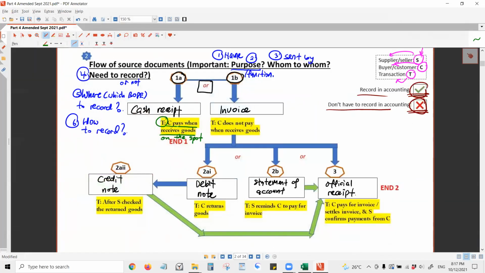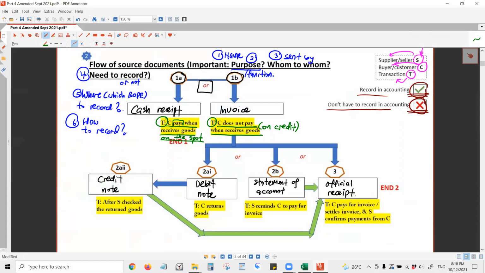So if you get the money on the spot, if customer pays immediately, or we call it on the spot, then you will have a document known as cash receipt. Simple. Okay. If customers pay immediately, there will be cash receipt. On another hand, if customer doesn't pay when receive goods, which is under invoice, this means on credit.